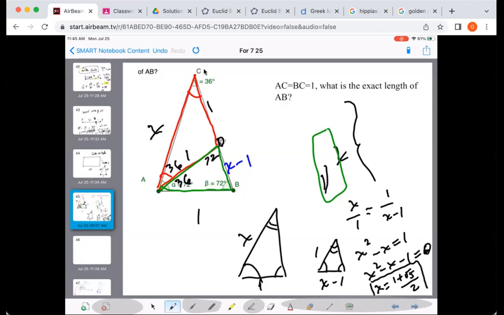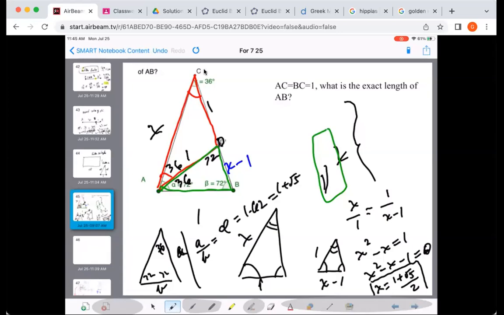So in any 36, 72, 72 triangle, the ratio of the big side, which is the leg, divided by the base will equal phi. In other words, 1.62, or exactly 1 plus square root of 5 over 2.